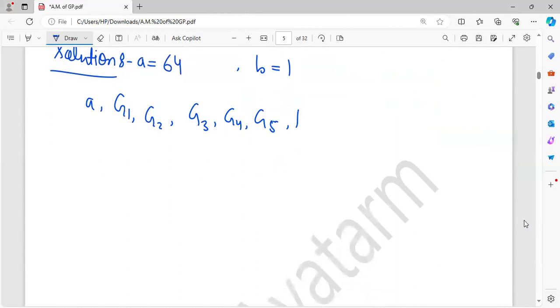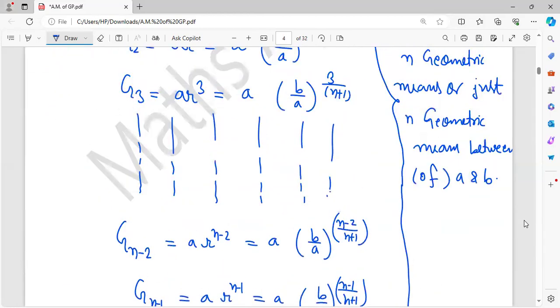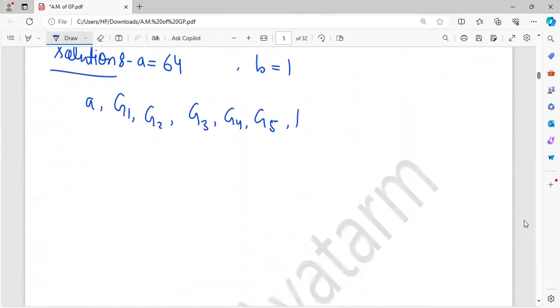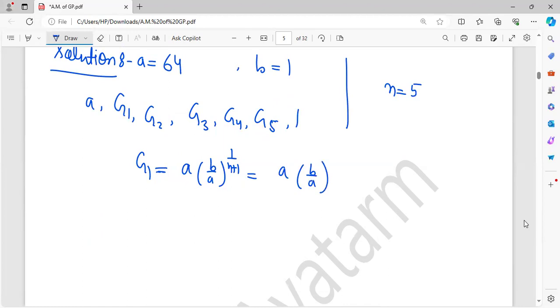So I will use the direct formula. So I am to find G1. G1 formula is, so what is N here? N is 5. What is G1? G1 is A times (B upon A) to the power 1 upon N plus 1. N is here 5, so 1 upon 6.